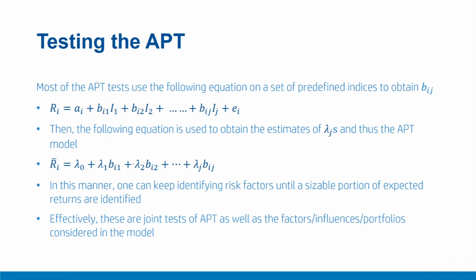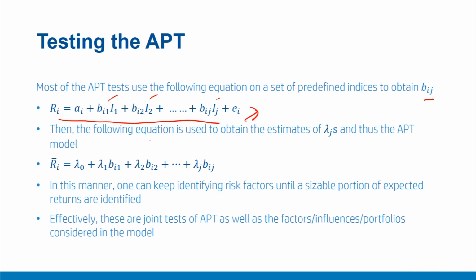As per modern market theory, most of the tests of APT use this kind of return generating process, this model. They use a predefined set of indices like I1, I2 and so on, Ijs, and obtain sensitivities Bij by estimating this model where I1, I2 and Ijs are predefined.